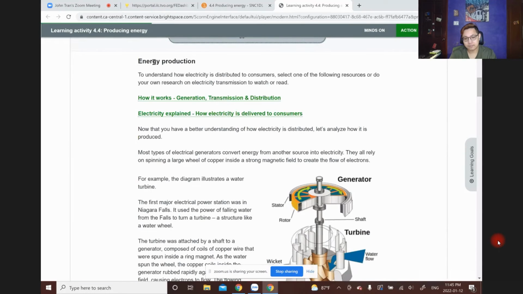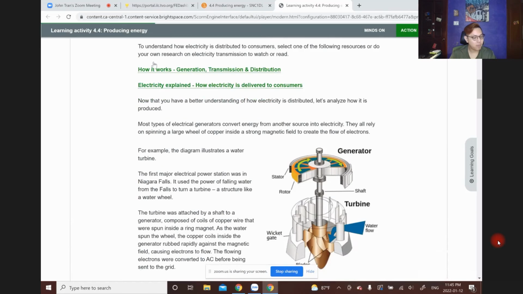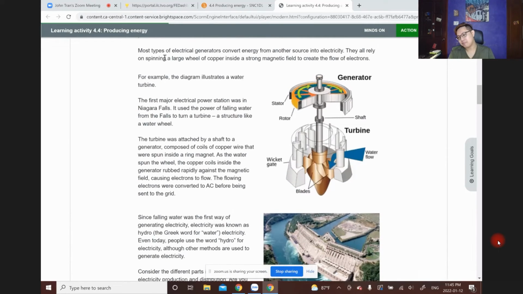Energy production. To understand how electricity is distributed to consumers, select one of the following resources. Most use a generator to convert energy from another source into electricity.